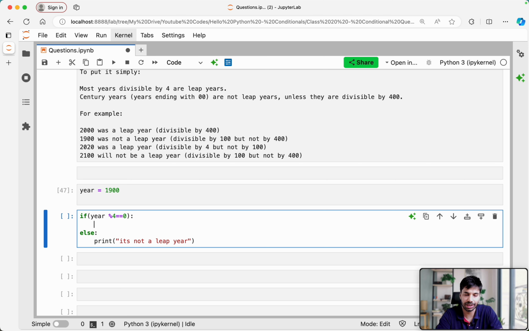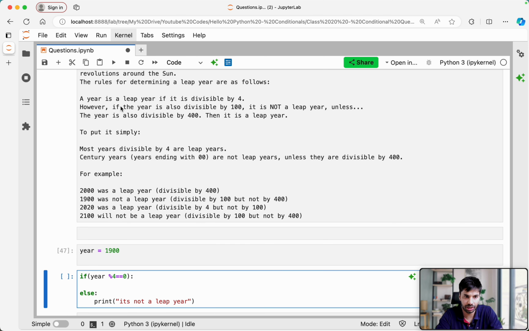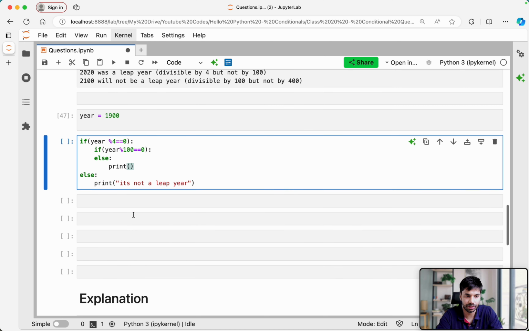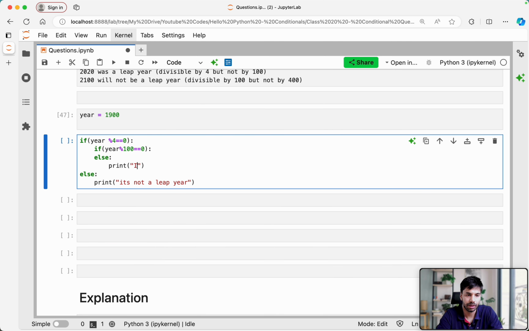Now once we are inside this, let us go back and see the rules again. If the year is divisible by 100, it is not a leap year unless it is also divisible by 400. So if year percent 100 equals 0, then we have to check something. But normally else we can say, print it's a leap year, right?